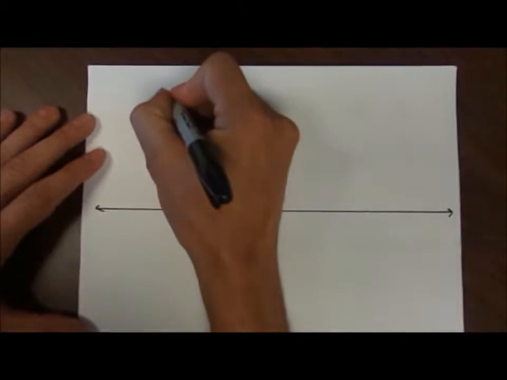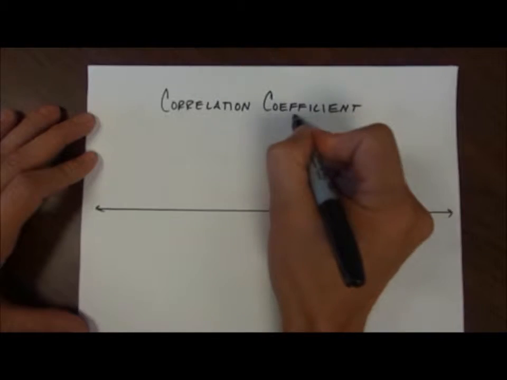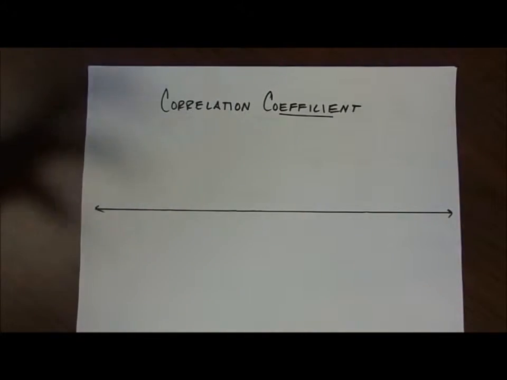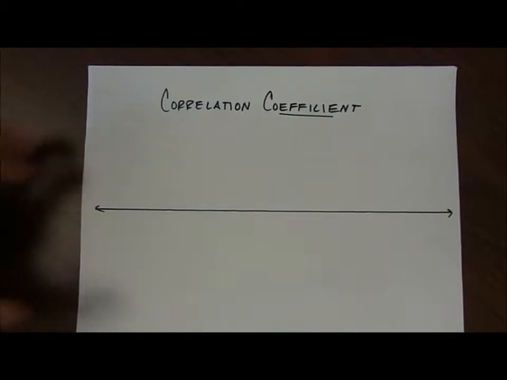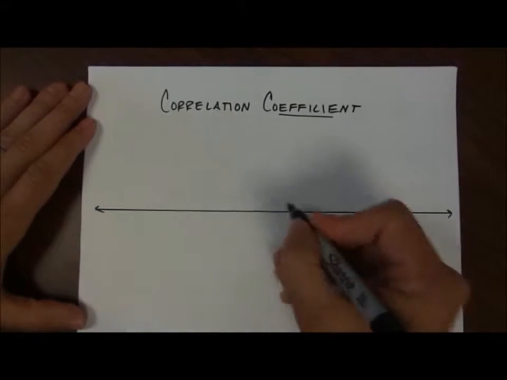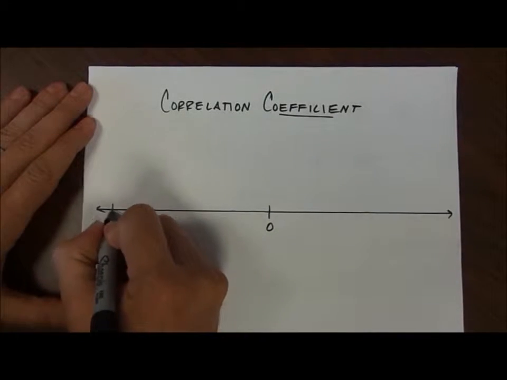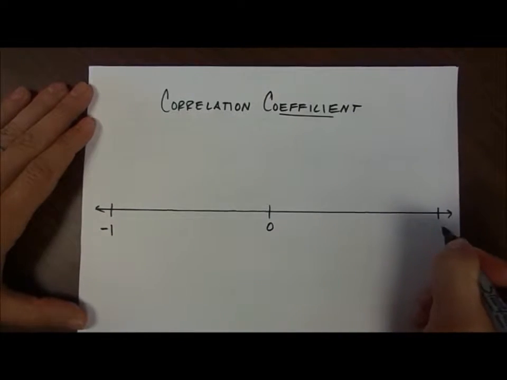First of all, I want to talk about the correlation coefficient. Coefficient kind of just means number. It's just a fancy way of saying the correlation number. Okay? And the correlation coefficient is a number that represents how strong a correlation is.